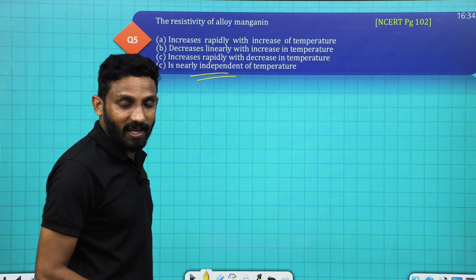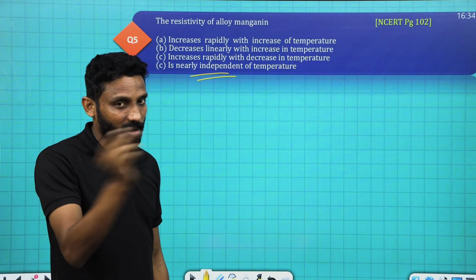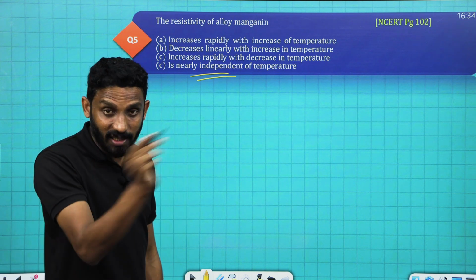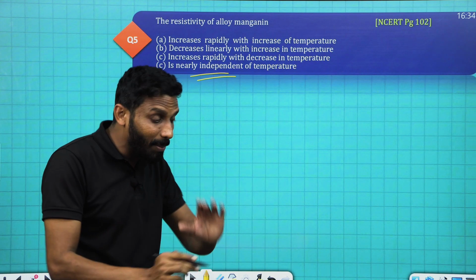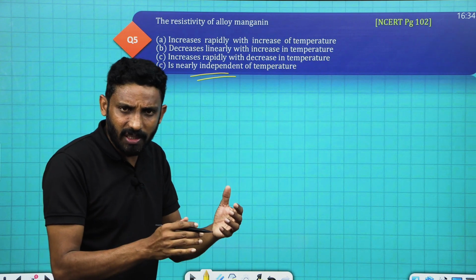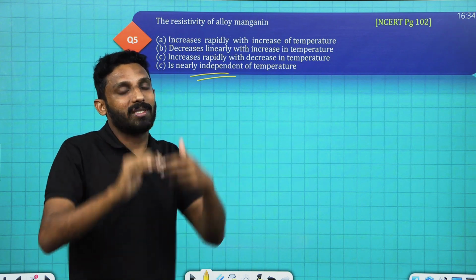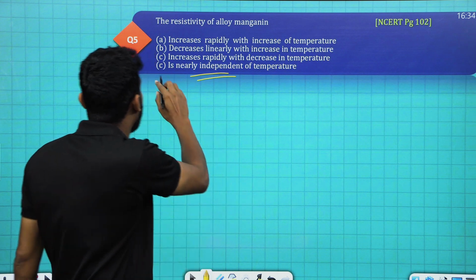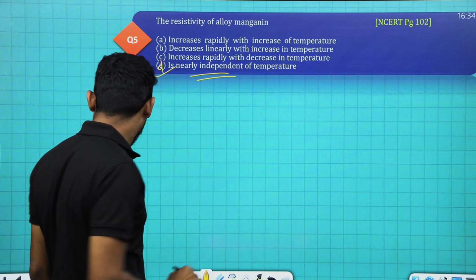That's why it is used as a resistance wire. Manganese, constantan, etc. are materials used as resistance wires, because as temperature increases, the resistivity does not increase and remains constant. So this is the answer, option D. Clear?